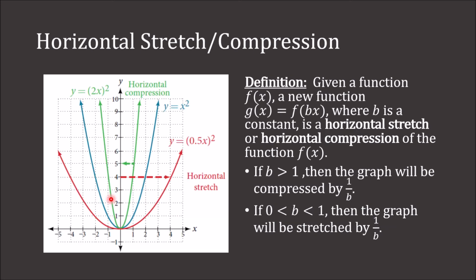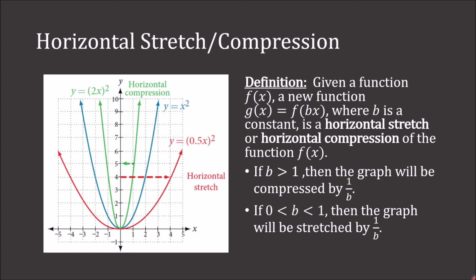Given a function f of x, a new function g of x equals f of bx, where b is a constant, is a horizontal stretch or a horizontal compression of the function f of x. If b is greater than 1, then the graph will be compressed by a factor of 1 over b.